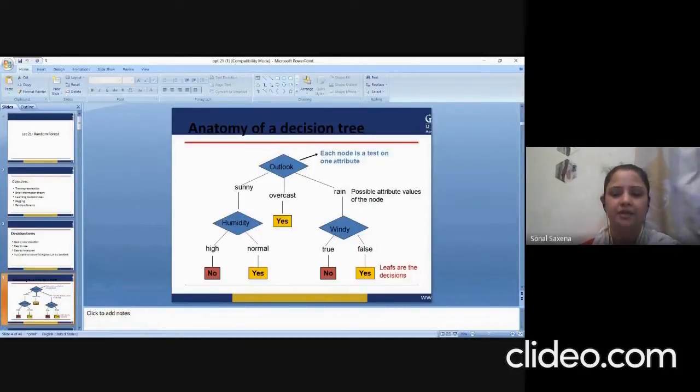And finally, the terminal nodes, colored pink and yellow, are called leaf nodes, or external nodes, or terminal nodes, which terminate a given tree. They have the decisions, like for humidity you can see no or yes, and even for windy you can see no or yes. So these are the decisions made by the decision tree. This is how decision trees actually work. They make the decision at the end on the terminal nodes.